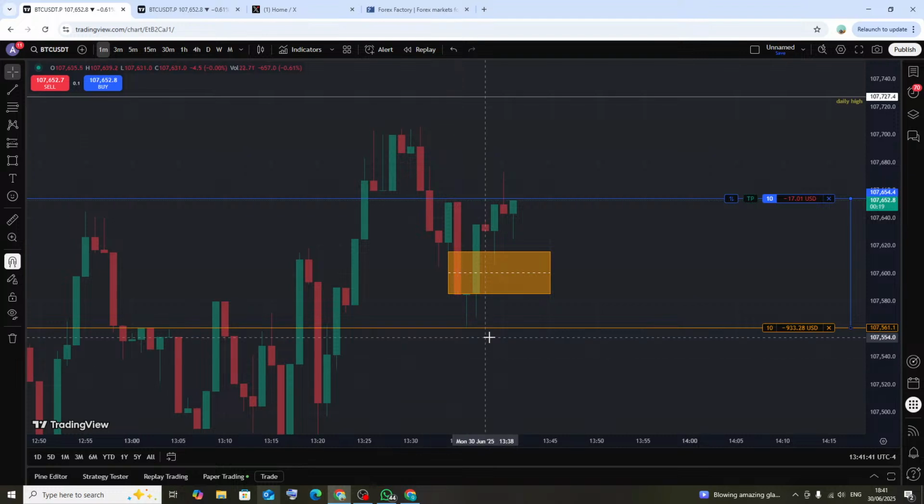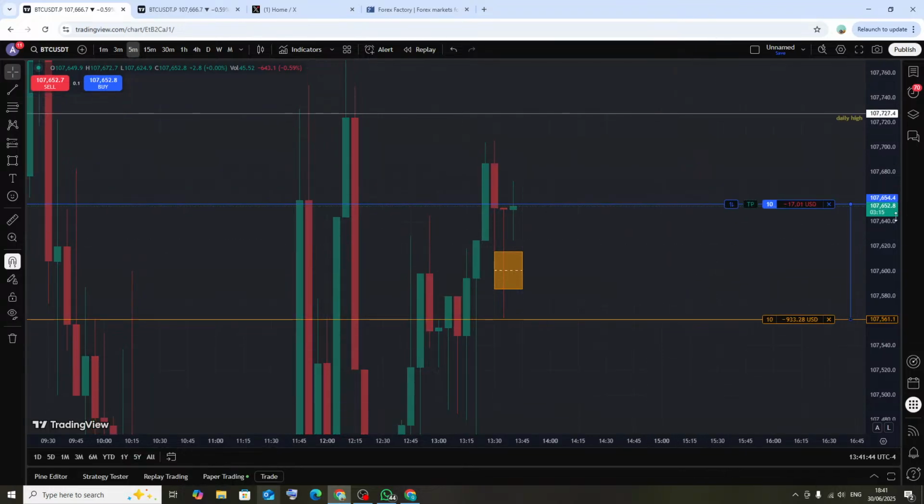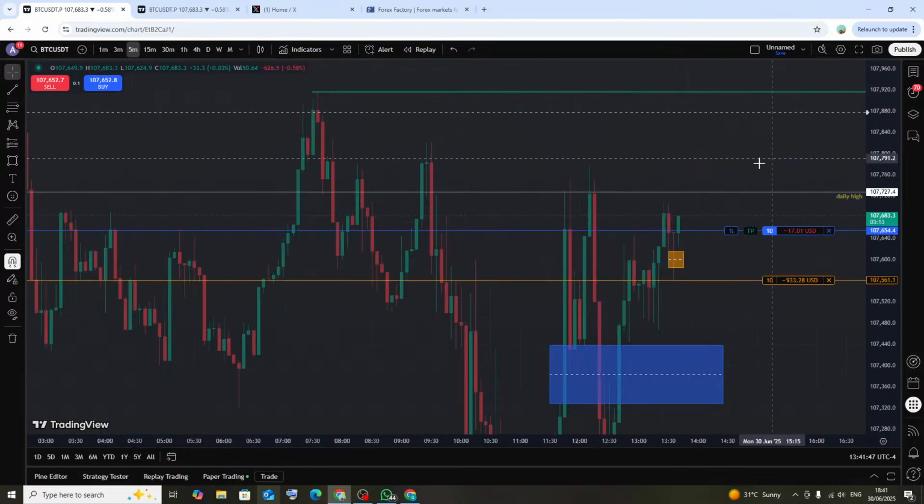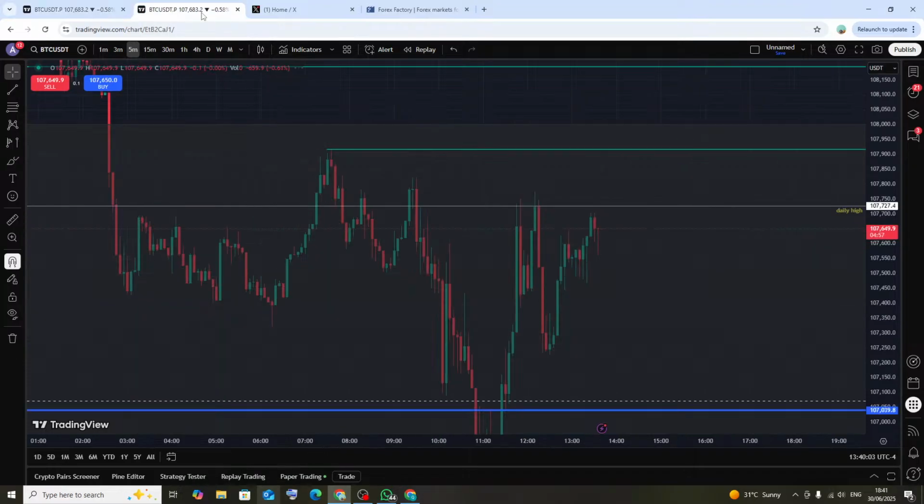I'm risking 2 to gain 6. 107,900 will be our first target.